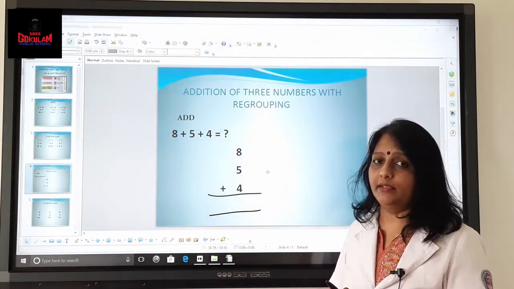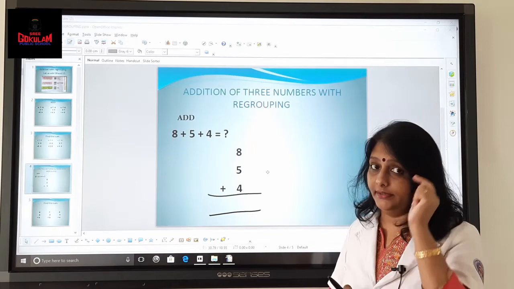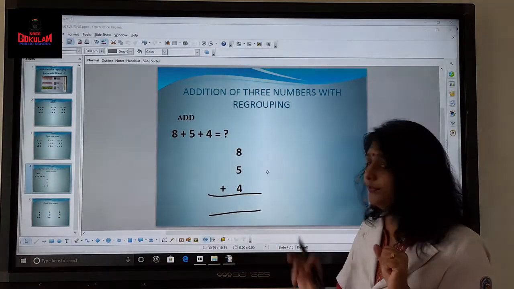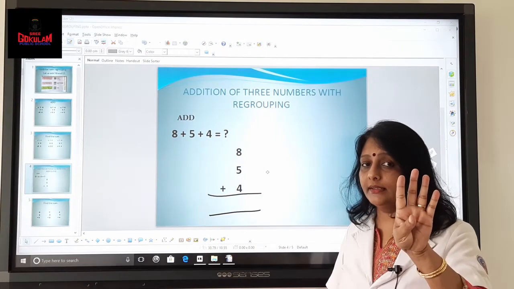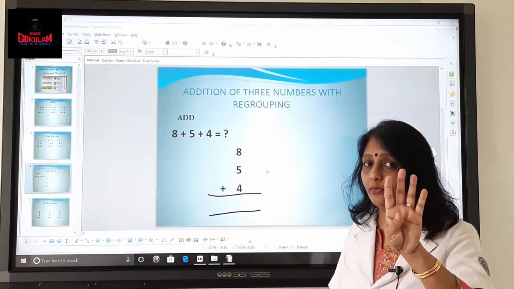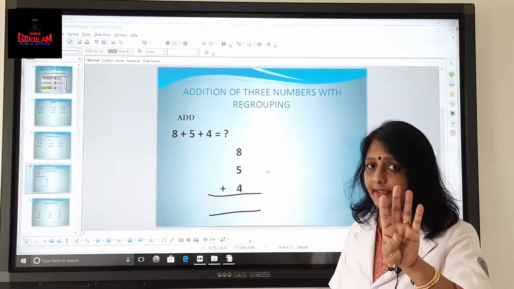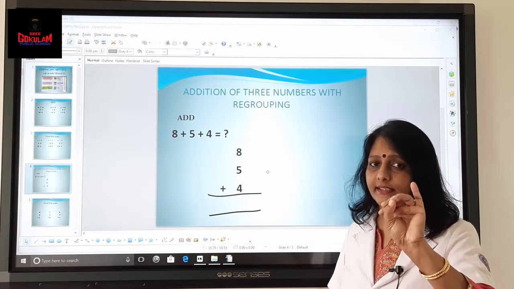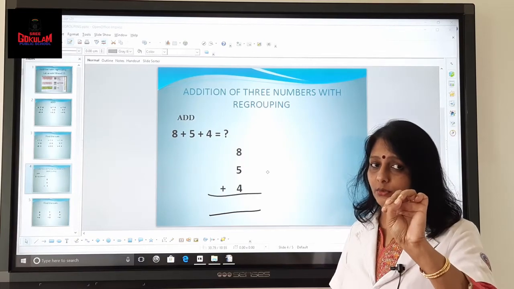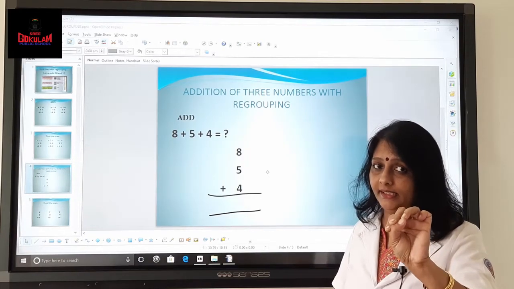13 you keep in mind now. 13 and 4. 13 in your mind and count 4 more. After 13, 14, 15, 16, 17. So, the answer is 17.